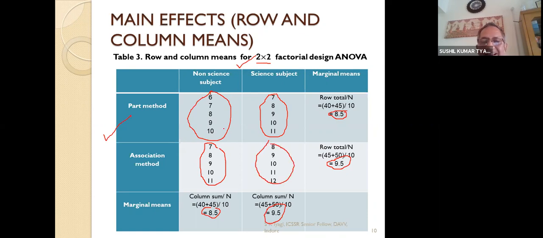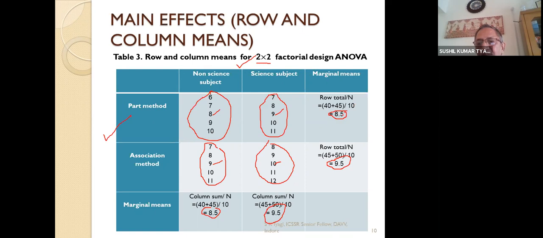Each cell has sample size 5 and each cell has a mean, the cell mean. The mean of this is 8. Mean of this is 9. I have taken these scores in a row so as to save me from calculating the mean. Mean of this is 9 and mean of this is 10. These are the cell means.